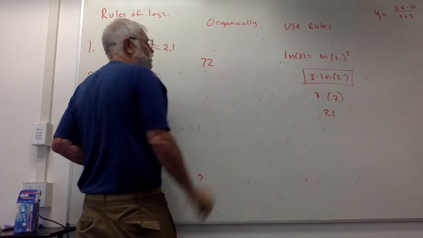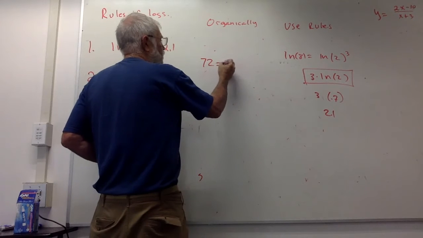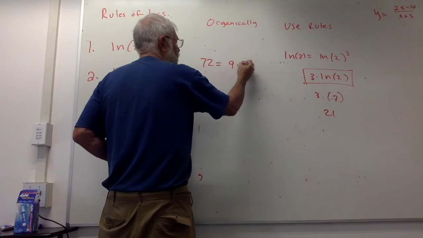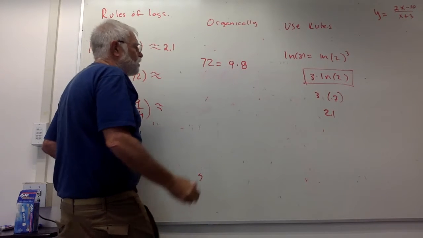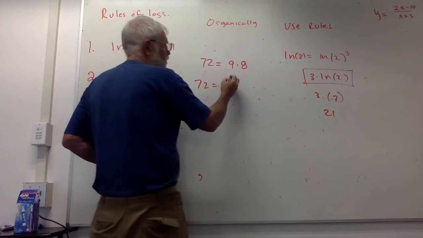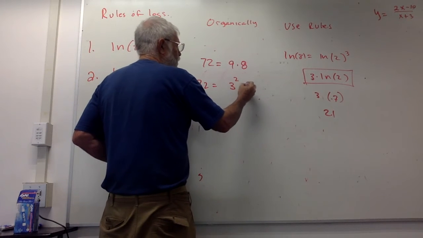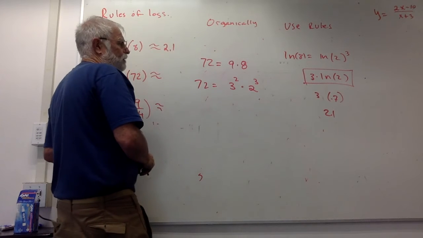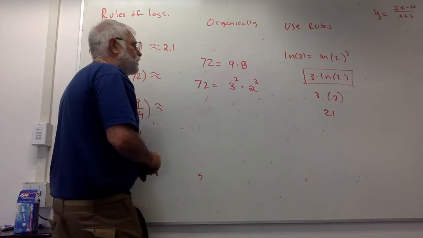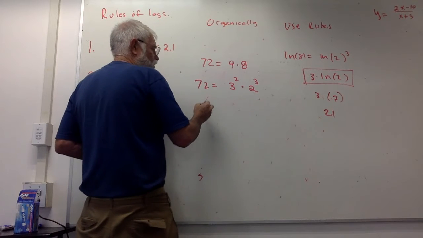So we want to do 72 organically. Well, I know 72 is 9 times 8. And I know 9 and 8 are factors of 2 and 3. So 72 is equal to 3 squared times 2 cubed. Well, we just did 2 cubed, right? 2.1. We can do it again, though. So what is this?